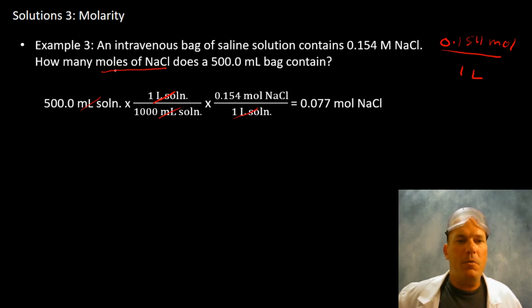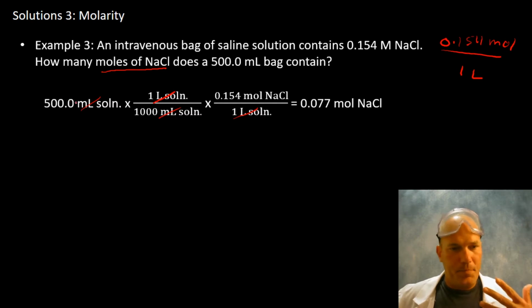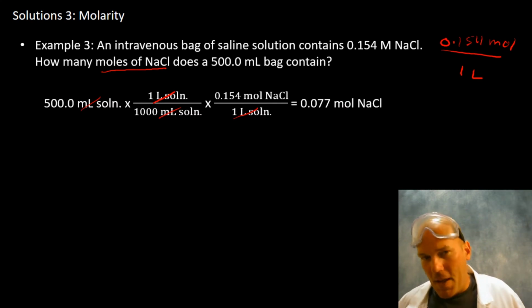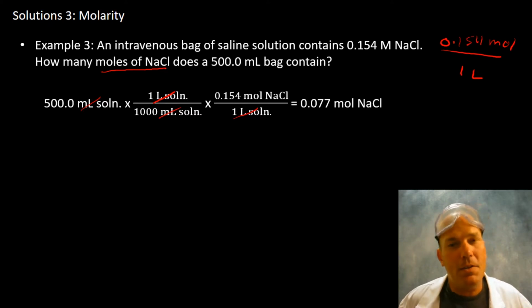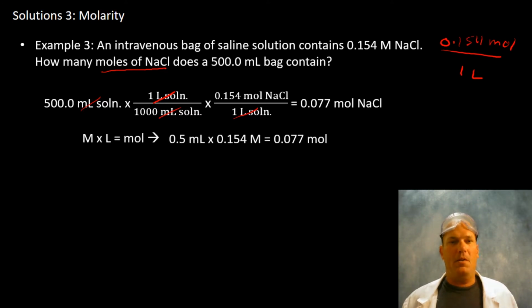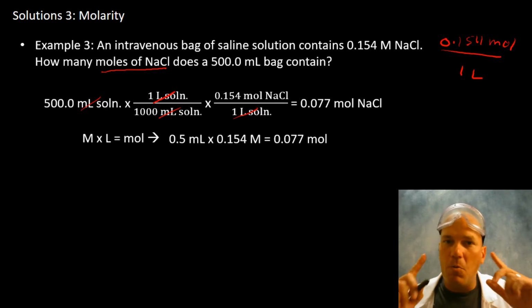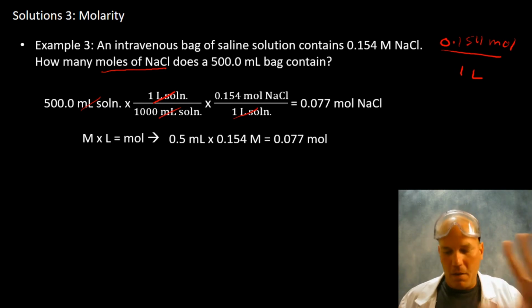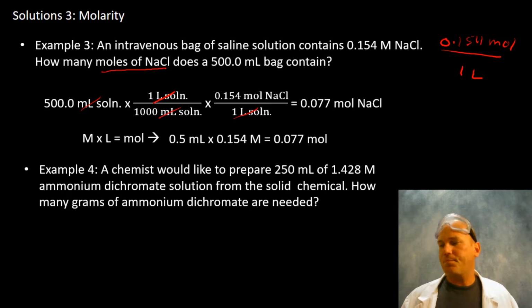What do we ask for? We're asked for moles. If you pop that in, you're good to go. Now, you can do it the other way as well. This is simple: molarity multiplied by the volume in liters equals moles. Get the exact same answer. Whichever way you think works for me. However you want to approach these problems, I'm fine with that.